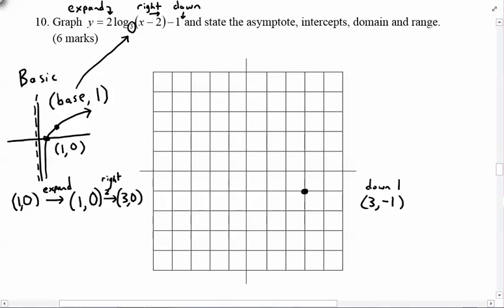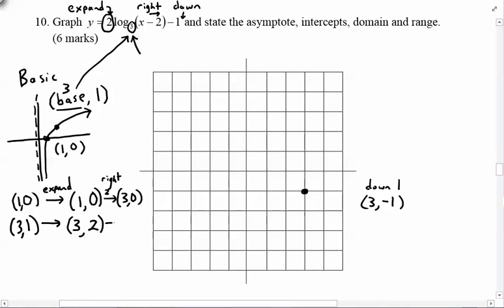We'll start as well with the point (base, 1). So the base of the logarithm is 3. So that means that we're actually going through the point (3, 1). The first thing I'm going to do is expand the y values. So I'm going to take the y equals 1, and I'm going to replace it with 1 times 2, which is 2, because we have an expansion of 2.